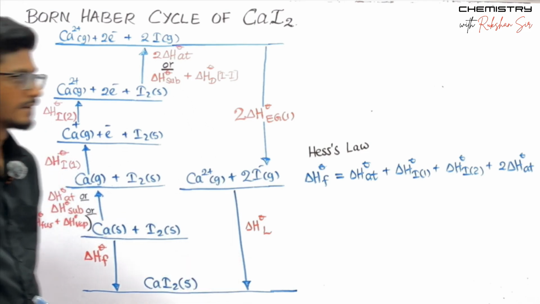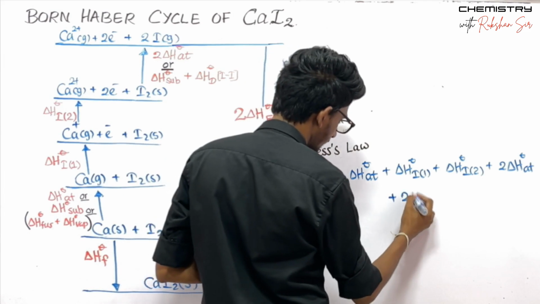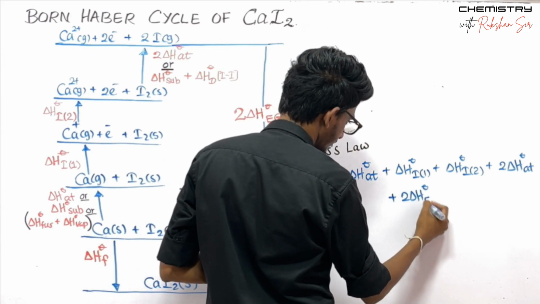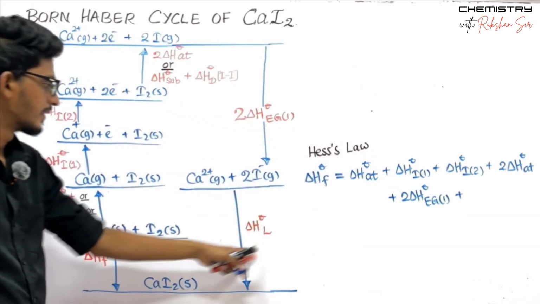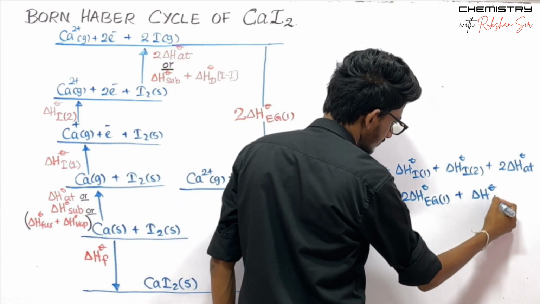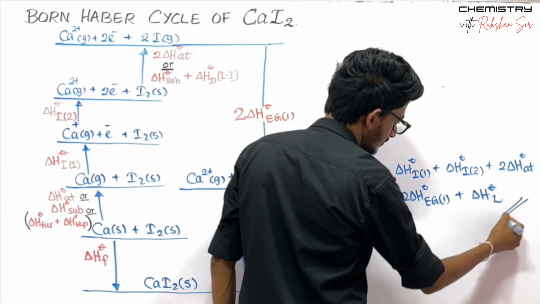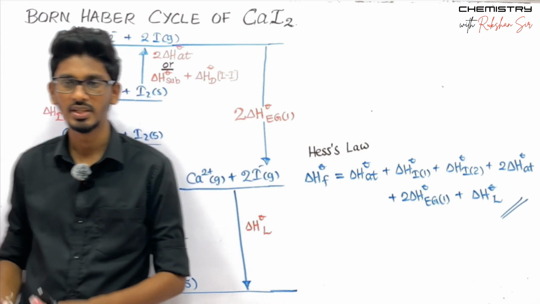Then two of electron gain 1, and finally the lattice enthalpy. That is Hess's law.